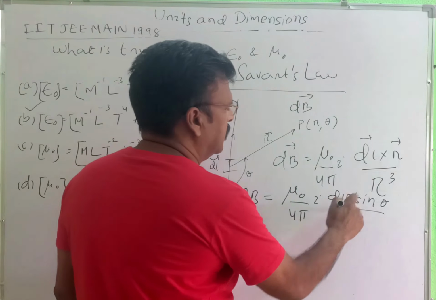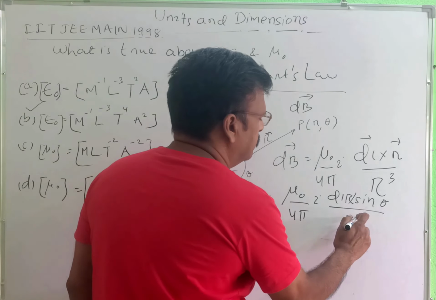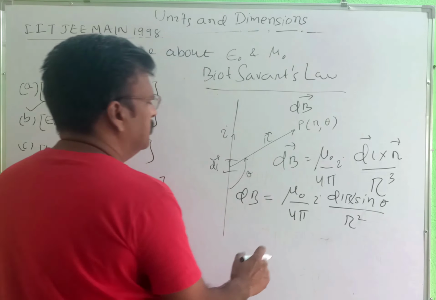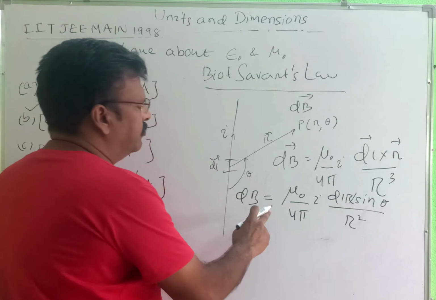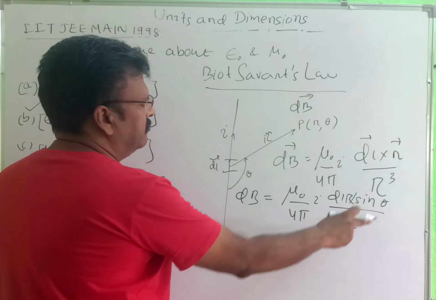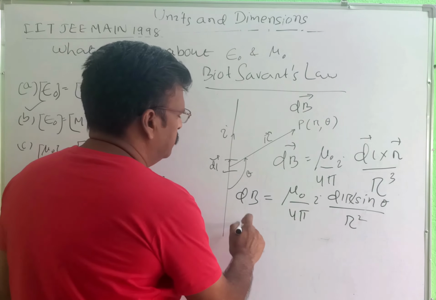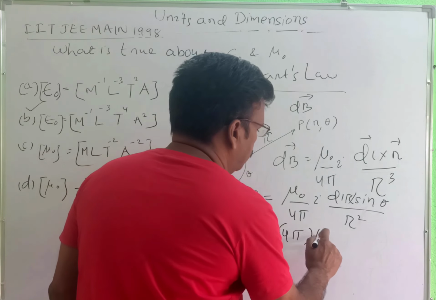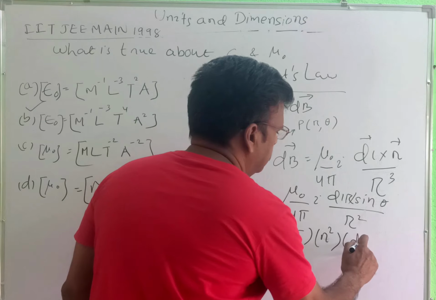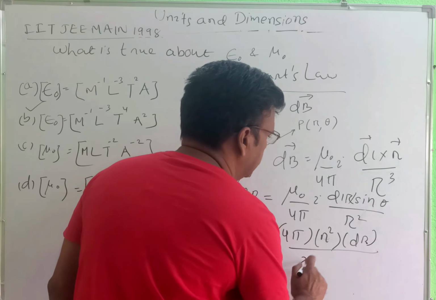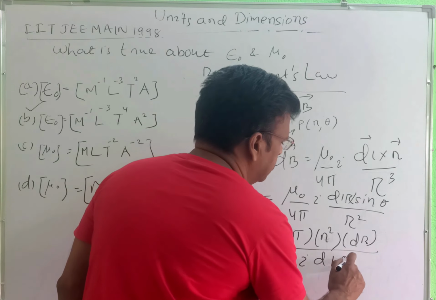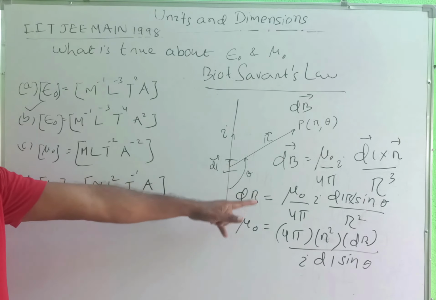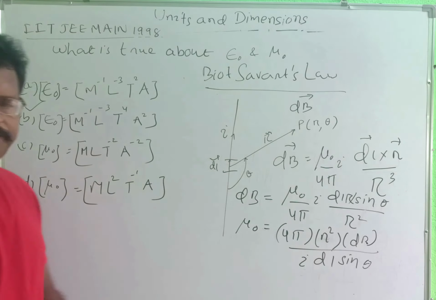Okay student, and this r will cancel this r cube to r square. So we can obtain a formula for mu 0 from this expression students. Mu 0 will be equal to 4 pi r square dB divided by I dl sin theta. Okay student, from that formula we obtain this formula.